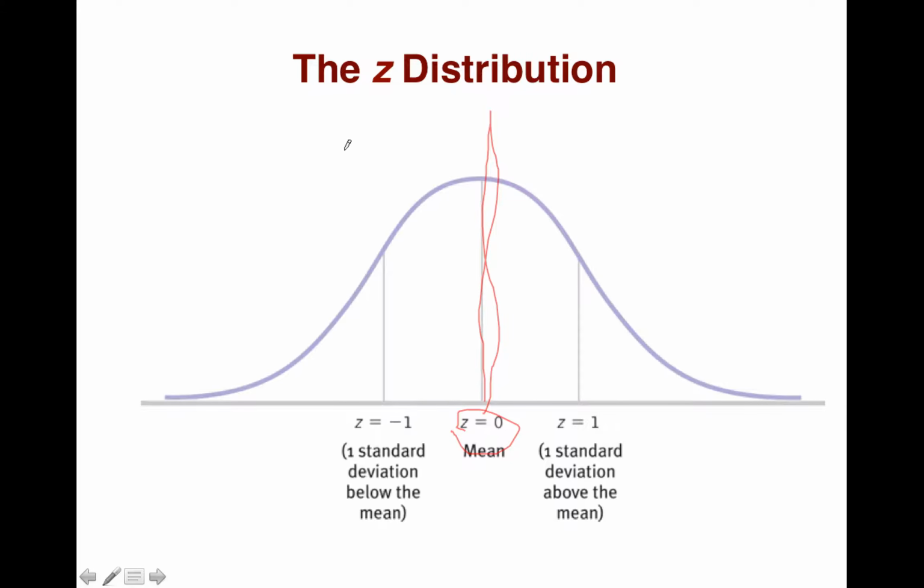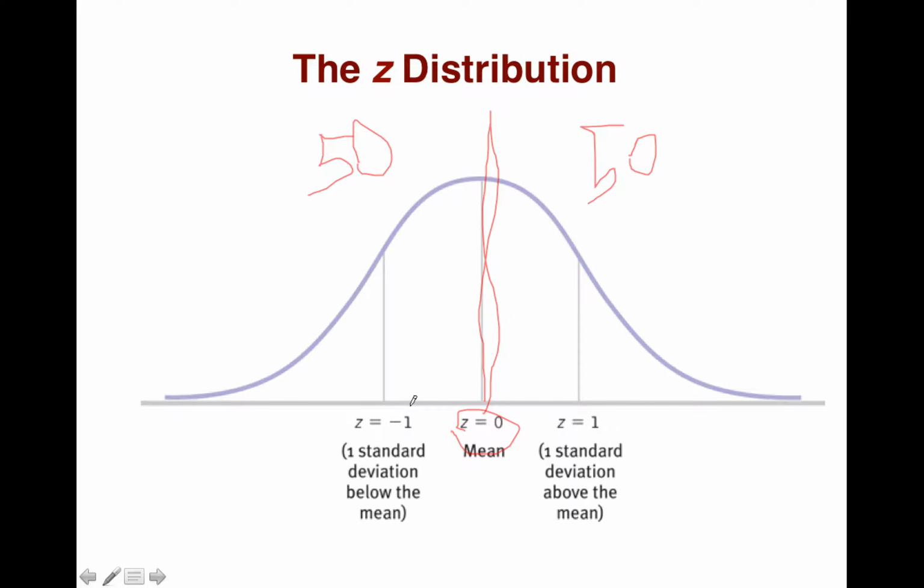And then that means we've created a distribution where there's 50% on one side and 50% on the other side. That also creates a standard deviation, if you will, where each sort of block of the distribution is one standard deviation apart. So this is the Z distribution.